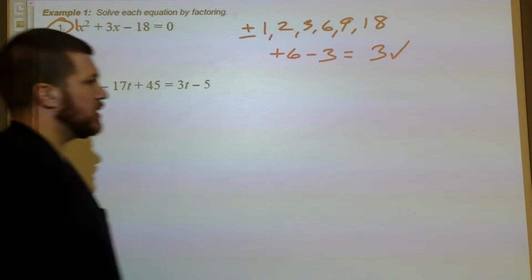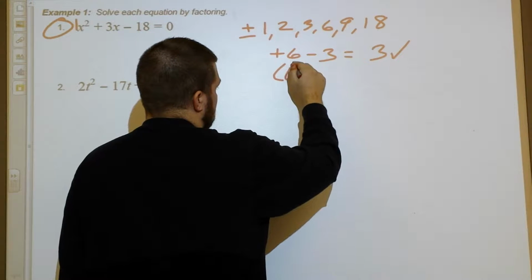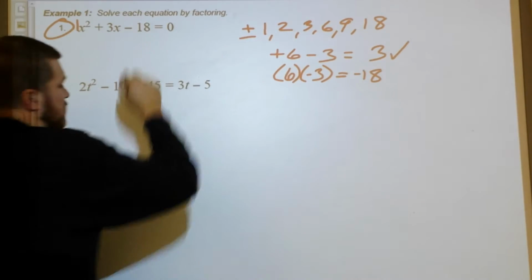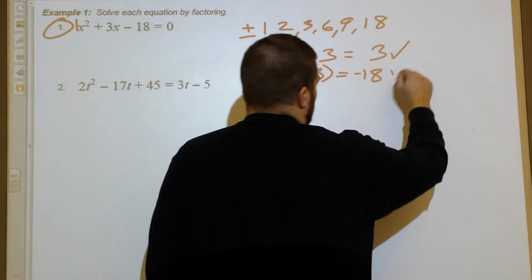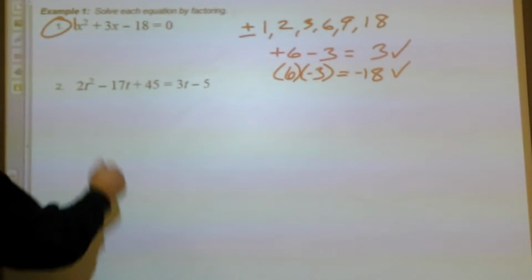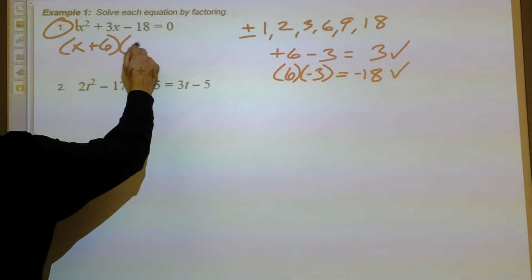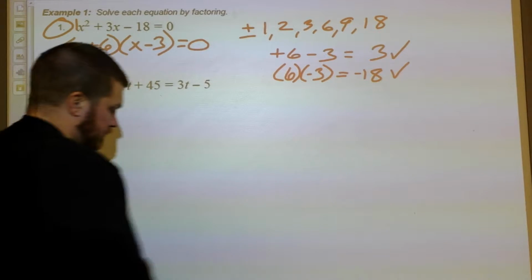Now I need to double check that these two factors will work because positive 6 times negative 3 does equal negative 18, which is what I had here in my last term. So our double check is complete, just like we did in the previous video. So this factors into x plus 6 times x minus 3, still equal to 0.